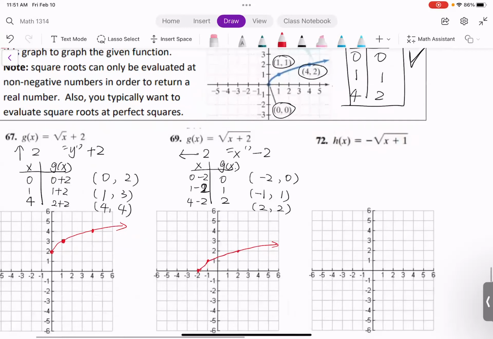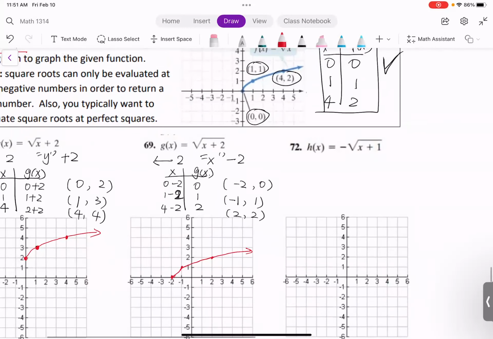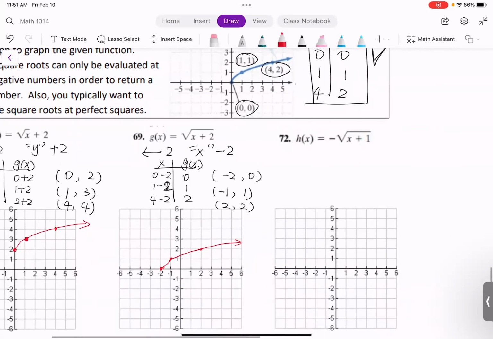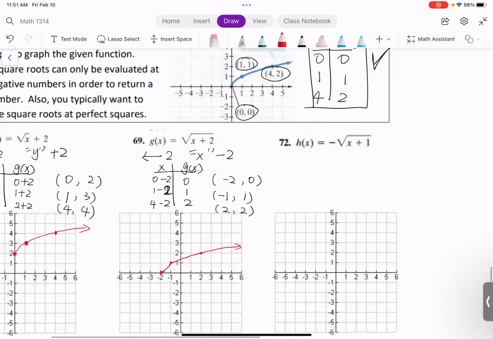Okay, next one, h of x equals negative square root of x plus 1. Let's see the transformation. We have 2 transformations. Start from inside, x plus 1. First transformation, we are moving to the left 1 unit.